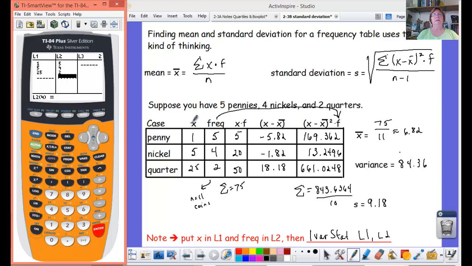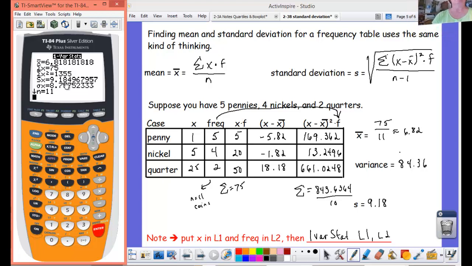I have those x values and their frequencies in list 1 and list 2. One variable stat. We must tell it this time. Our x's are in L1, but our frequency list is list 2. Now we're going to use that. And then go ahead and calculate, and you can see about 9.18, which is exactly what we said. So that's a handy thing to remember.